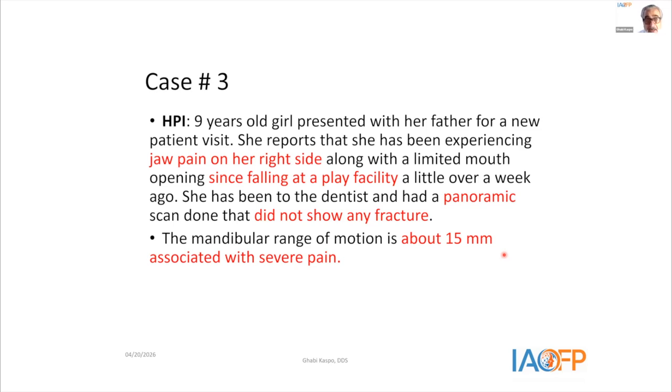She did not tell her parents that. I'm not sure if she was scared, but the panoramic X-ray brought by her dentist did not reveal any fractures. On clinical examination, she was able to open 15 millimeters with severe pain.